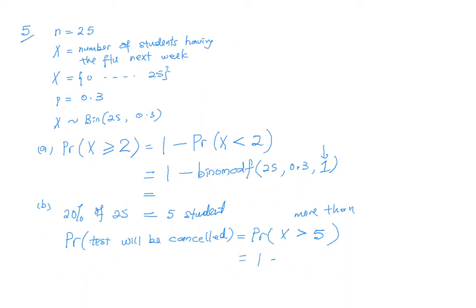So this will be 1 minus binom CDF 25, 0.3. Should I write 5 here? Or should I write 4 here? I should write 5 because it must be more than 5. So 6 onward. 0 to 5, don't want.